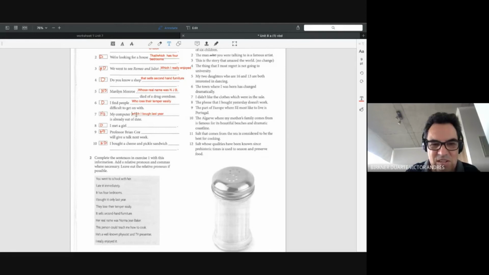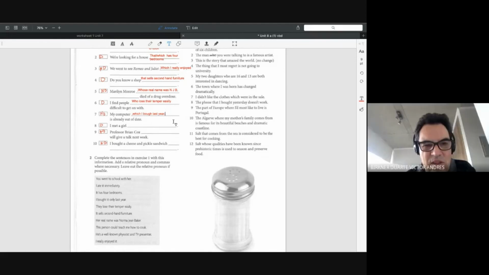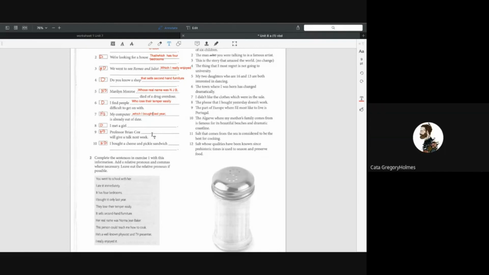The commas here and the commas there as well. Can I use that instead of which, or can I use which and that? What do you think? I believe we can use both. Both. My computer, which or that I bought last year, is already out of date, right? Yes. All right, be careful.